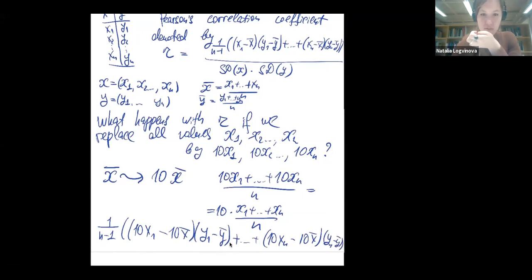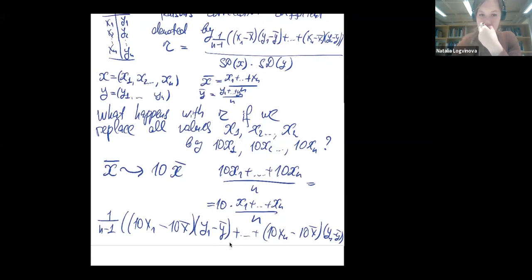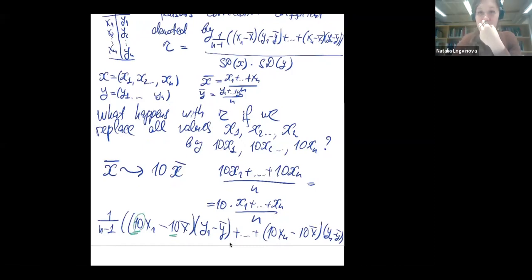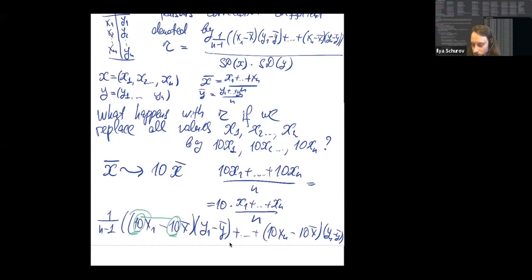Actually, you can again move this 10 out of this bracket.